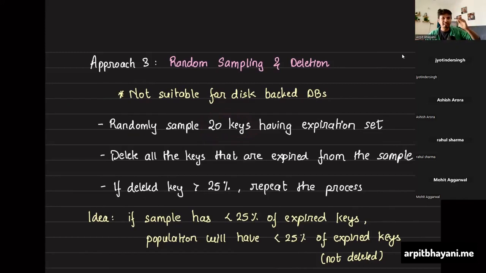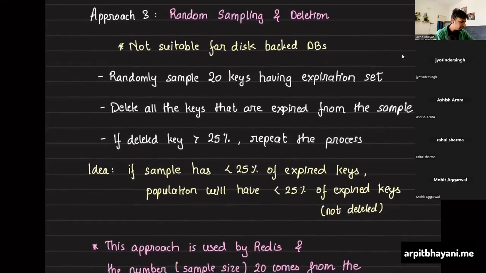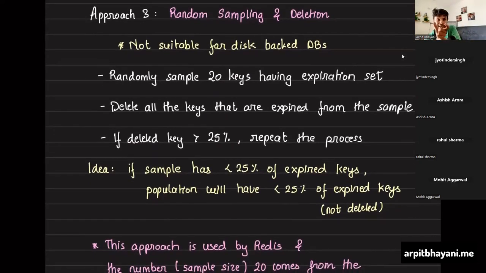Out of all the keys in Redis, it randomly picks 20 keys and sees how many of them are expired. It first deletes all the keys that are expired from that sample. If the number of deleted keys from the sample is more than 25%, then you repeat the process. Which means here a bit of statistics comes in.